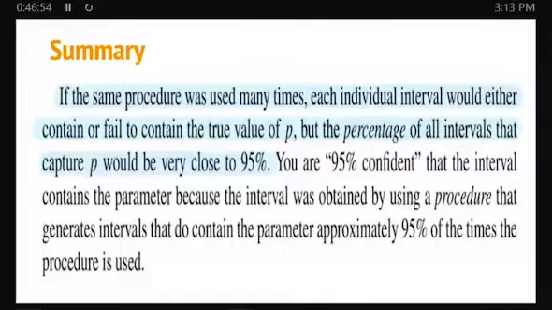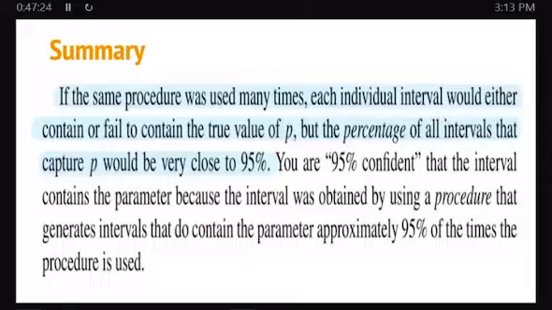Now, in this summary, if the same procedure was used many times, I want you to take a look at that. Why do we call an experiment random? A random experiment is an experiment that you perform repeatedly under similar conditions, but they give different results.